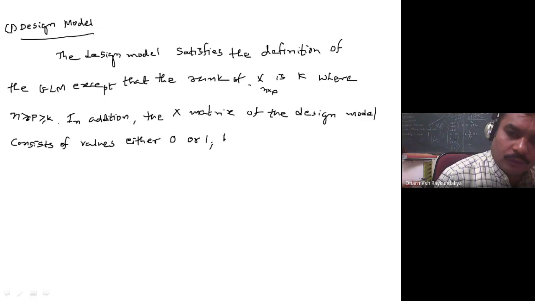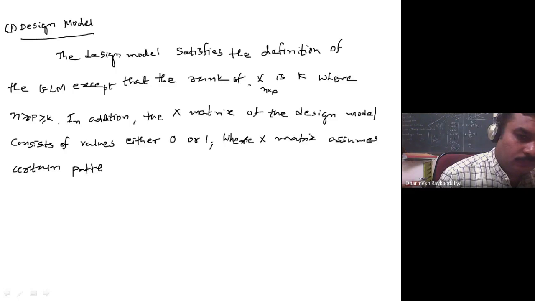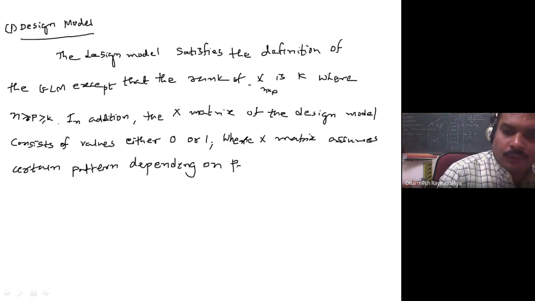When the X matrix assumes a certain pattern, depending on the particular design.